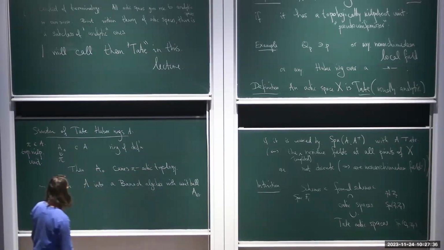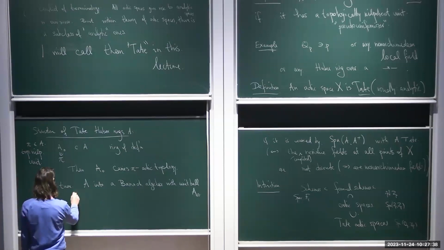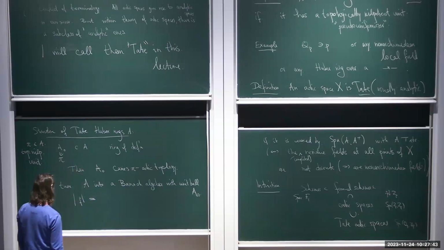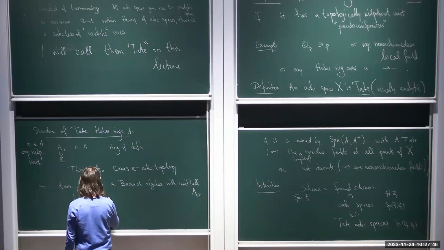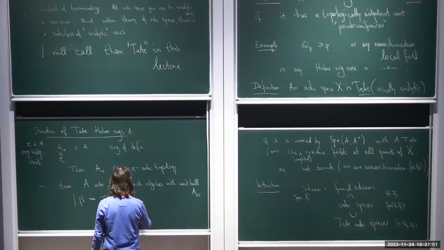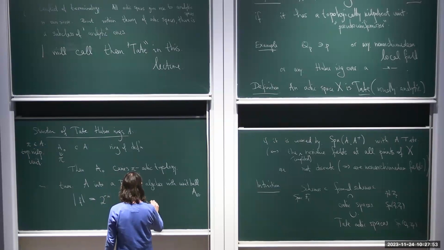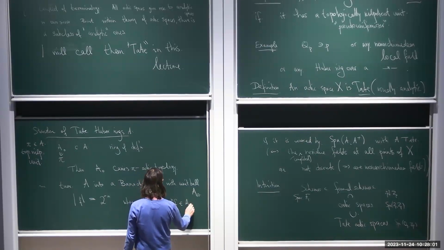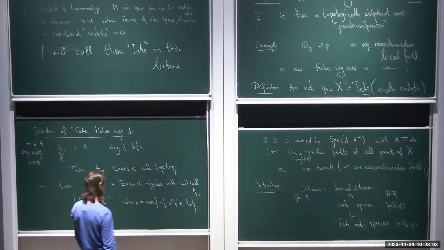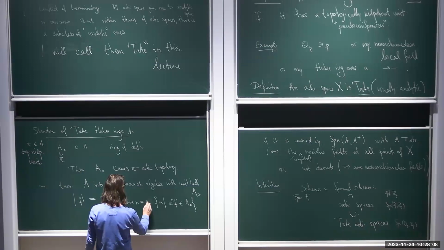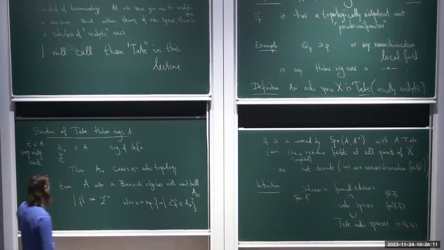So, for example, you could say that the norm of any function f is 2 to the minus n, where n is the maximum over all integers m such that pi to the m times f is in A0.